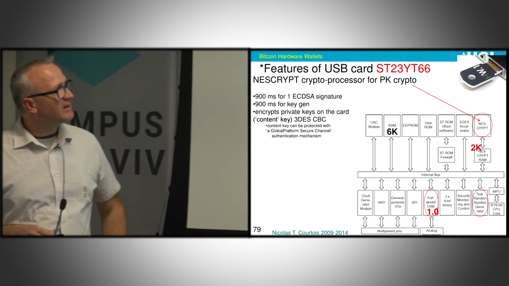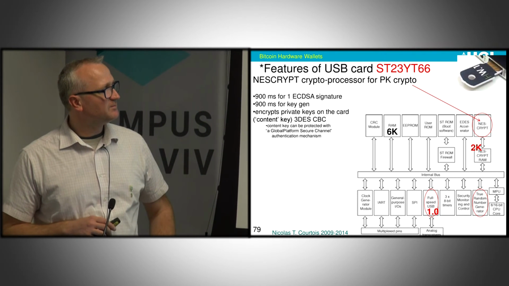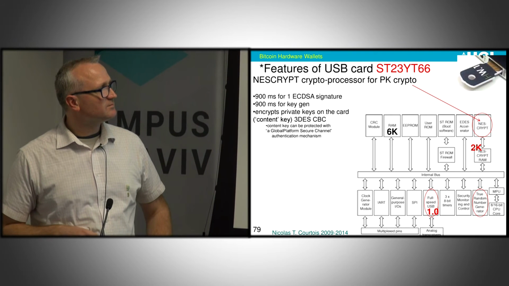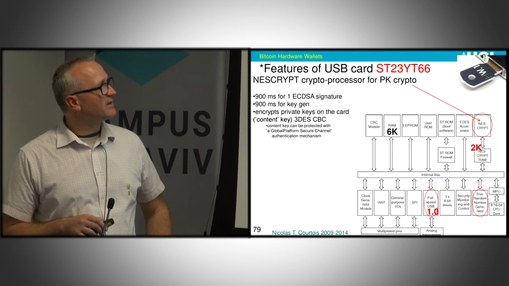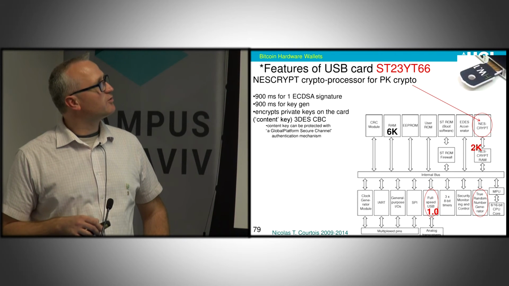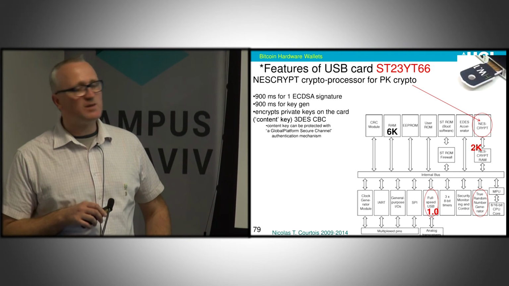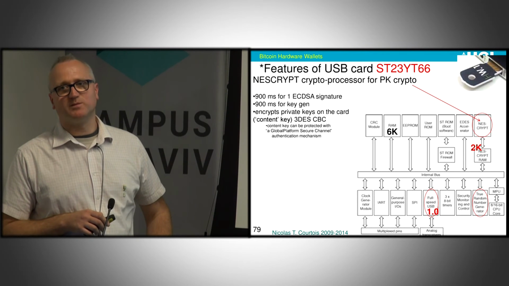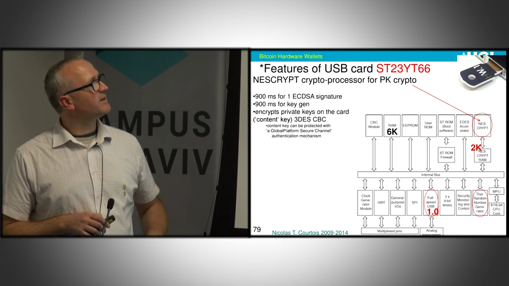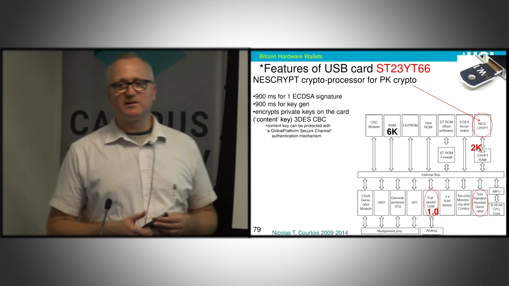It has dedicated memory for cryptography, which is 2K. It has a USB connection. It has 6K of RAM. It is a very good chip. It also has some very interesting key management functionalities, which I'm going to skip. Probably the best Bitcoin wallet you can find on our planet.